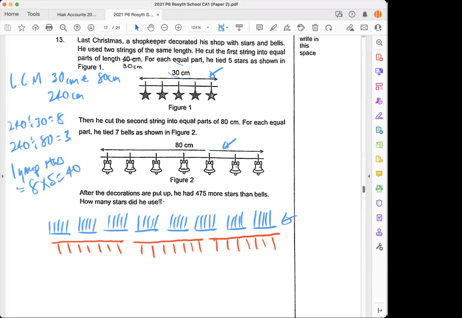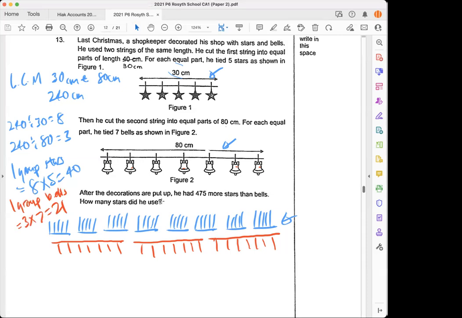Now, in one group of bells, you get 3 times 7, which is 21 bells. Again, in one group of stars there are 40 stars, and in one group of bells there are 21 bells.